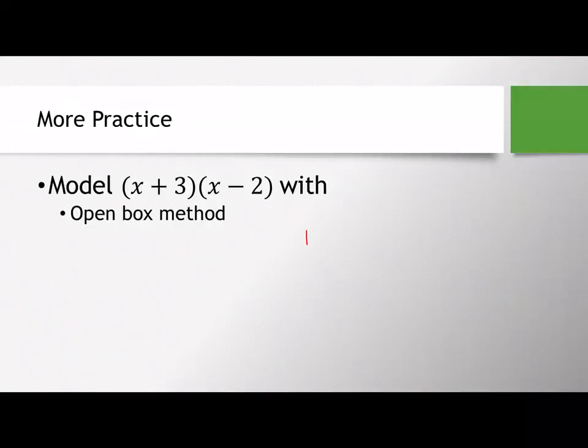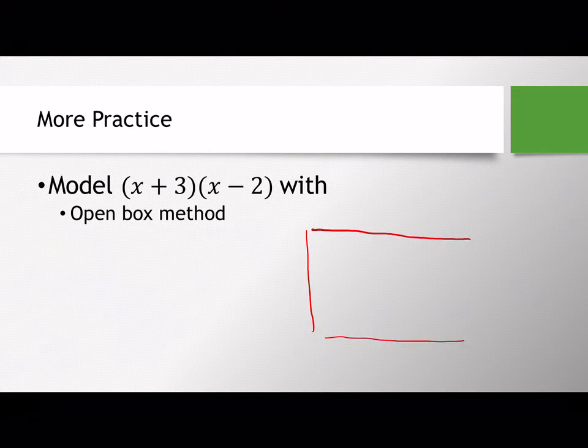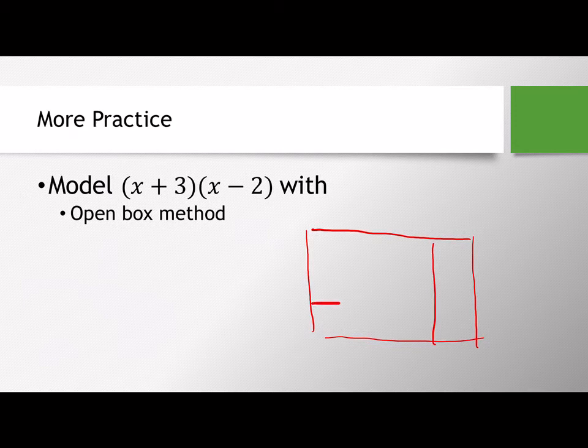Here we're going to model the quantity x plus 3 times the quantity x minus 2 with the open box method. So we're going to model x plus 3 on the top here, x minus 2. At each part, we have x times x equals x squared.